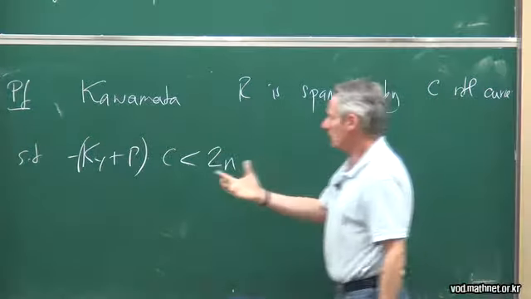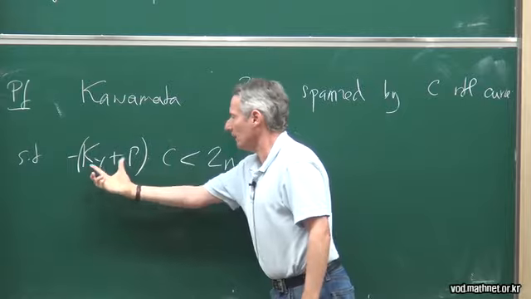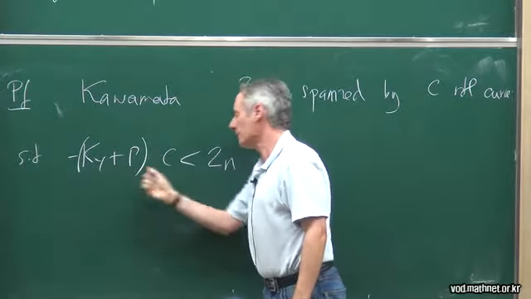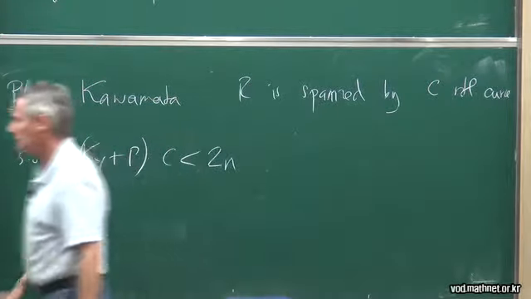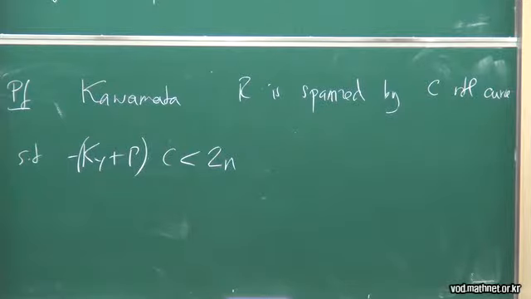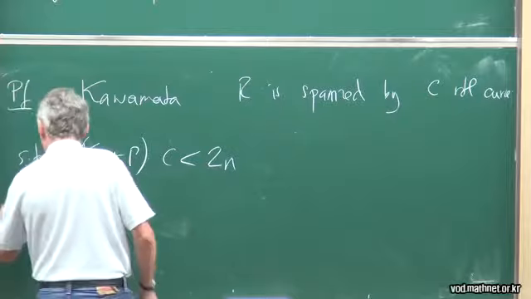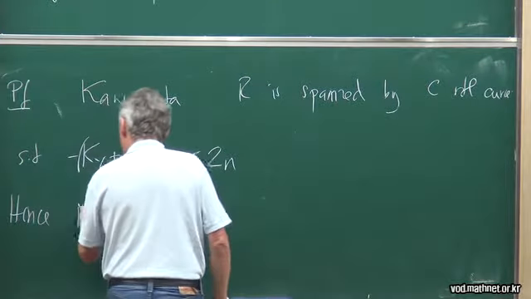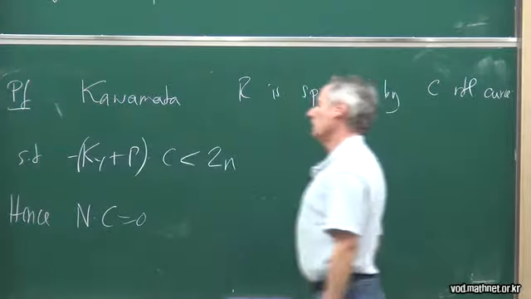So I know that Ky plus gamma is negative on C, but not too negative. So n dot C has to be 0, because if n dot C were not 0, it would be bigger than 2n, and then I wouldn't get this equality. So hence n dot C is equal to 0.